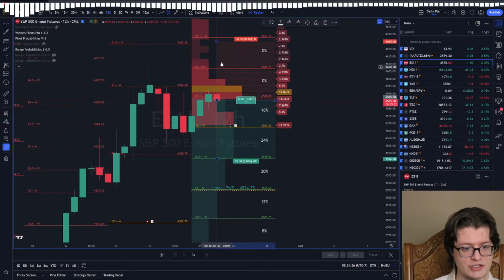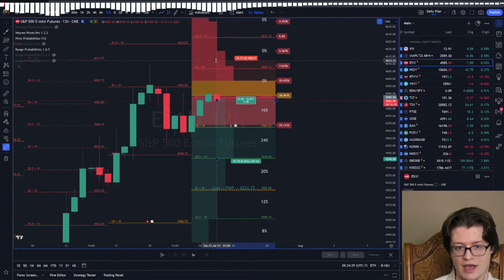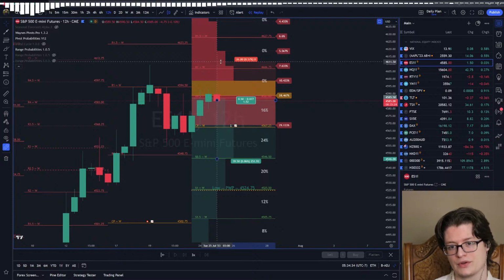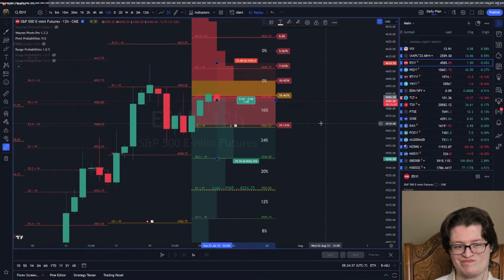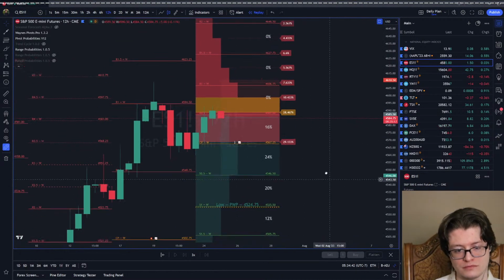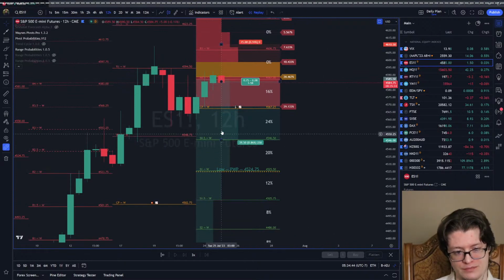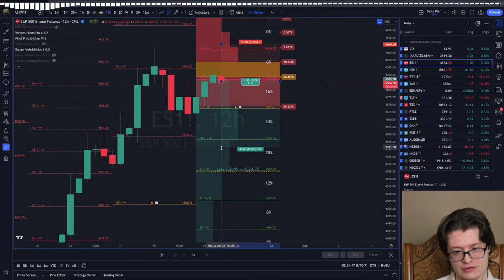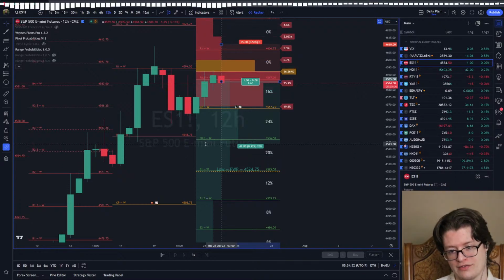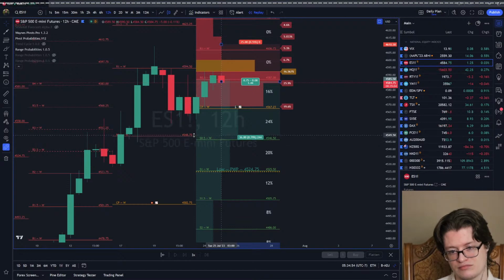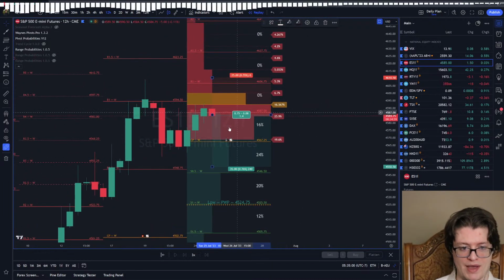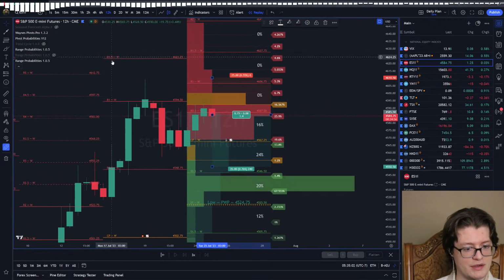But as far as managing the risk on the trade, you'd have to have your stop somewhere around the 46.10, effectively the prior swing high here. And then it'd be a pretty shallow target, like 45.5. It'd be like a 30-point move. So it's not the best risk to reward setup here.